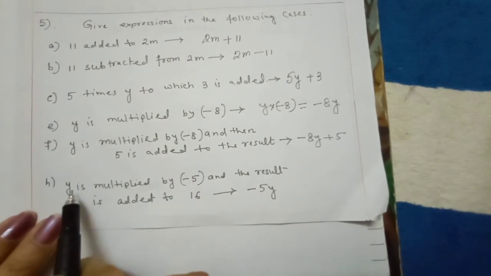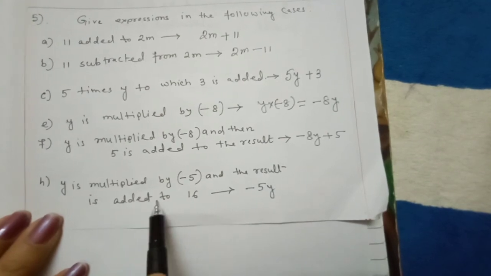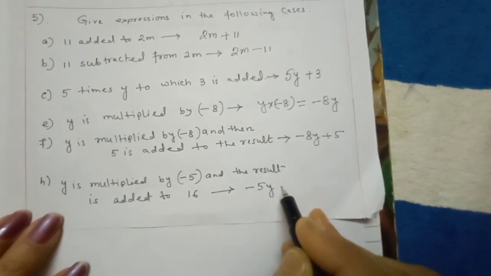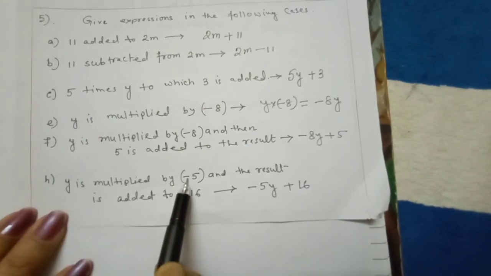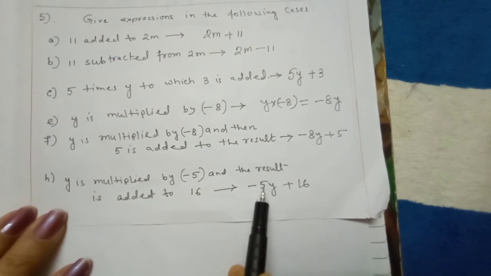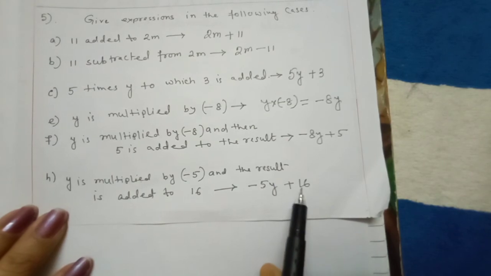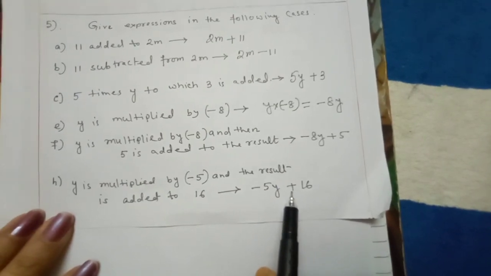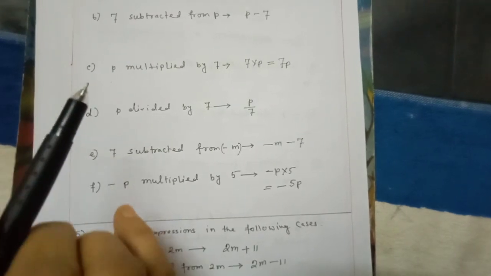The product of minus 5 and y is minus 5y, and this is the result which will be added to 16. Understood? This is the expression for today, which you have to understand and solve.